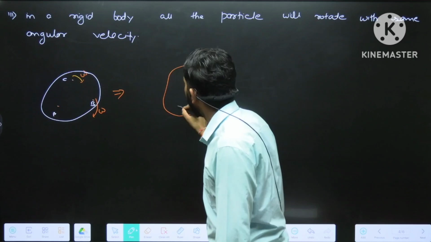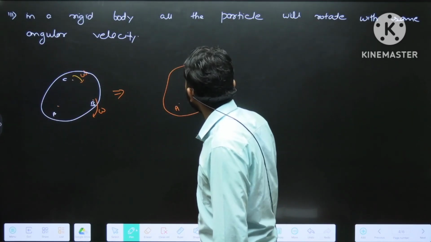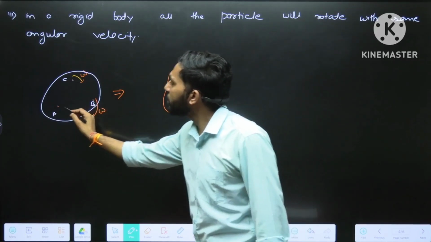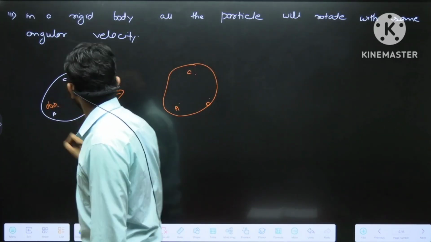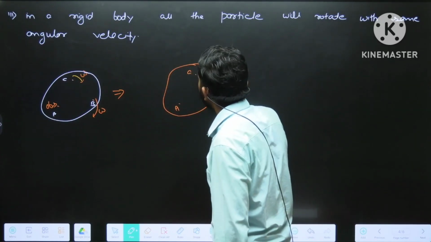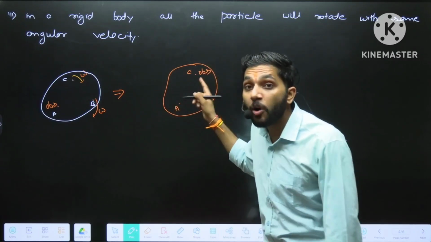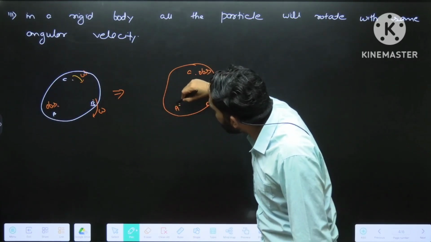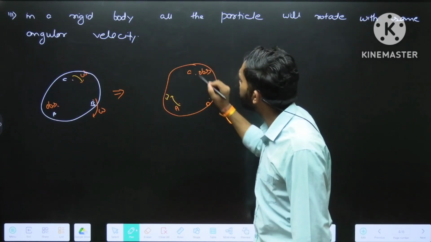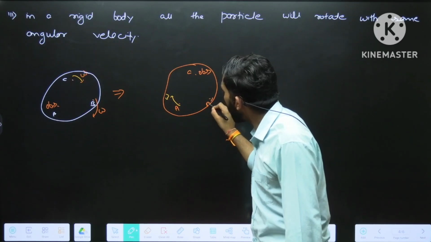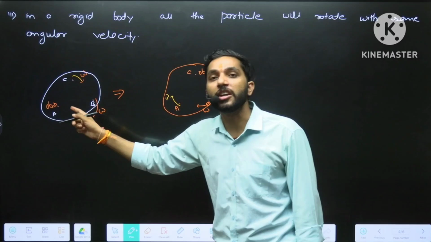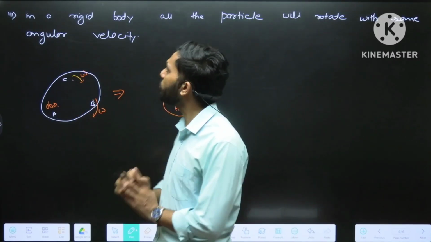Take another example. Same body, same 3 points taken, A, B and C. Now the observer is not at A. Now the observer wants to sit at C. If the observer is looking at A, then A will have the same angular velocity omega in the same sense, and the observer will also see that B has the same angular velocity omega as seen when he was sitting on A. I think this point is clear to you.